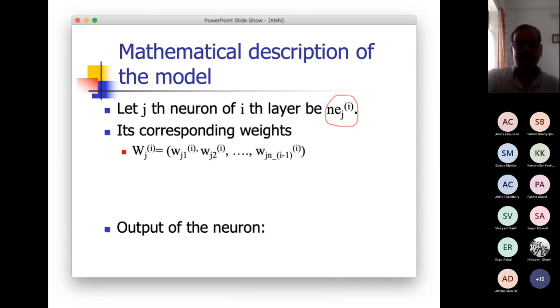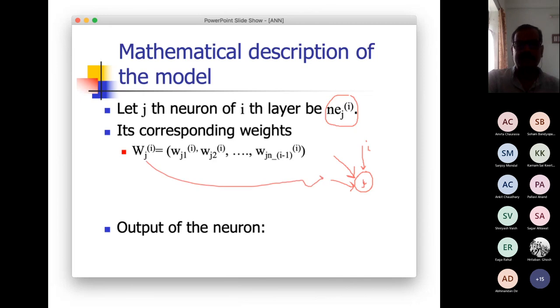We define this weight with respect to its input weights. If this is the ith layer and this is the jth neuron, all these weight vectors are denoted by Wj.